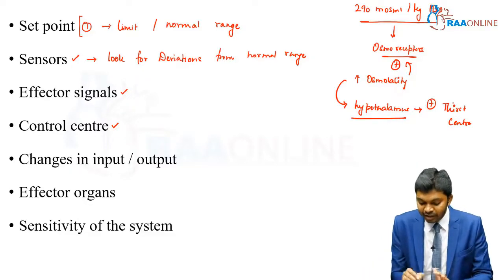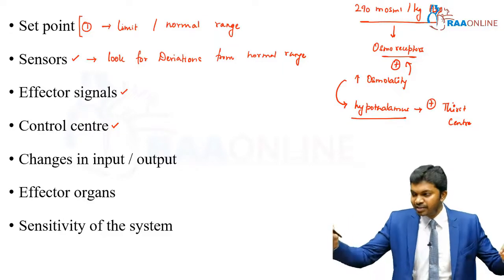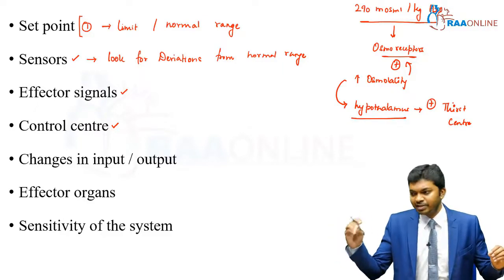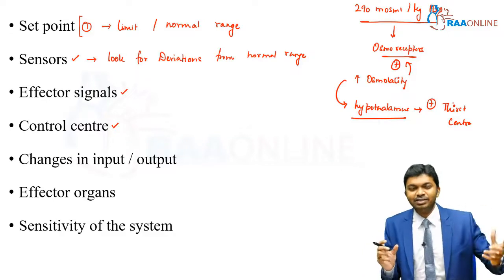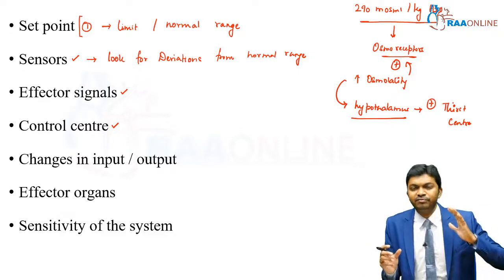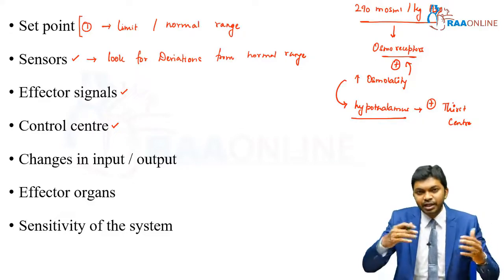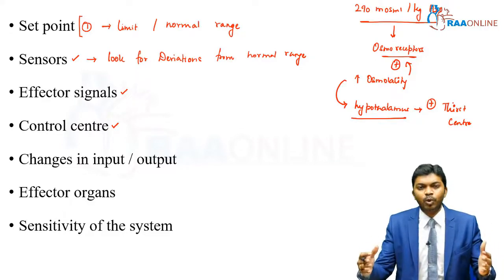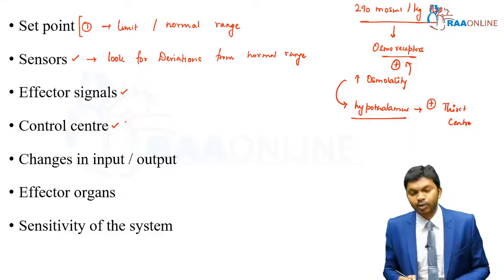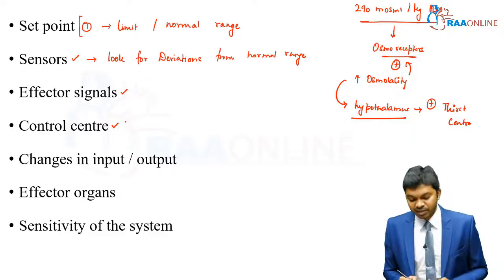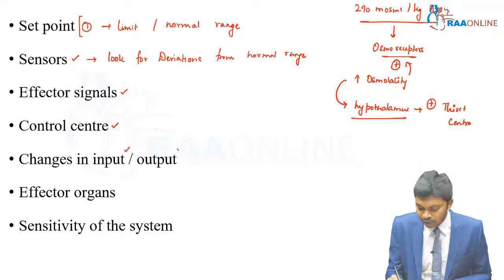So we have a control center which mediates the whole process. It senses a signal, and reacts in such a manner that some physiological process happens through which the interstitial fluid concentration or volume is maintained within the original range. That is the control center. As we just discussed, the control center brings about a change in input or output.